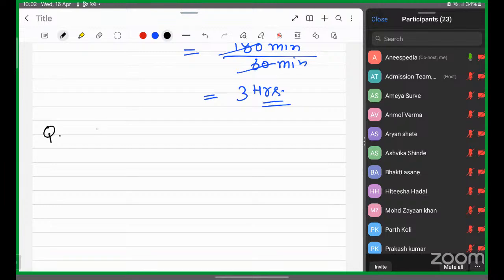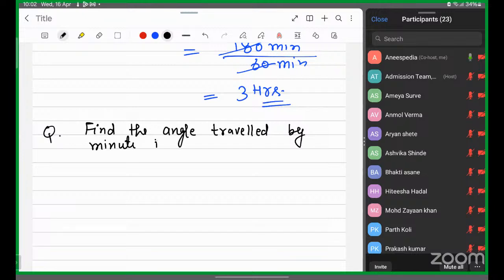Let's say we have to find out the angle traveled by the minute hand in 30 seconds.